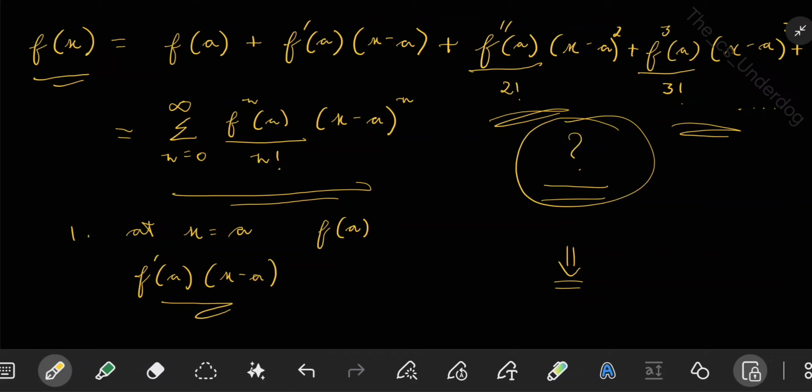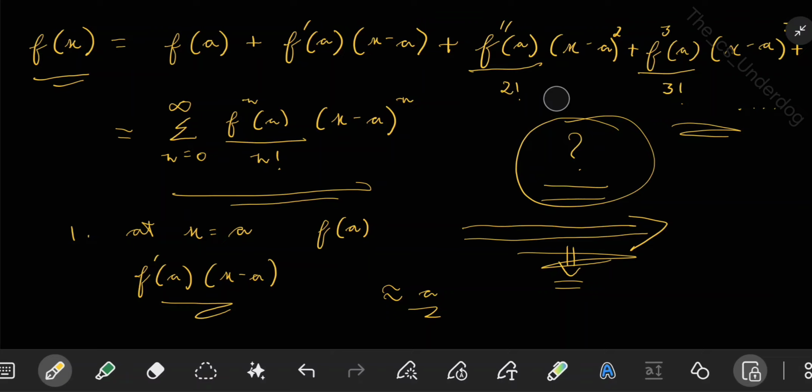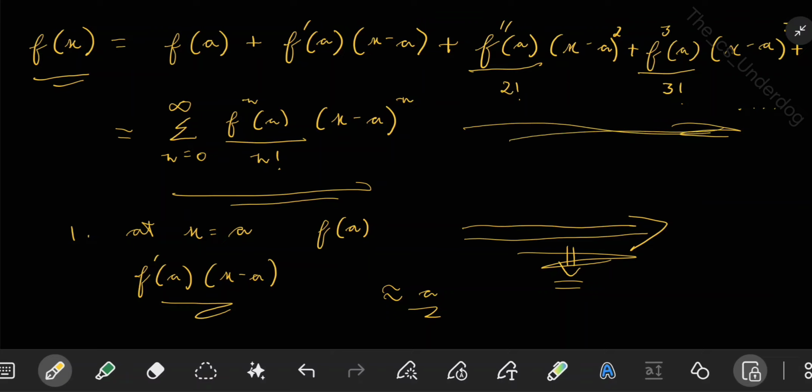Because of this, as you add more and more terms here, it will get more and more refined, and your approximation near a will be more and more accurate. That is why this series is an infinite series. If you keep adding 1000 terms, you will keep increasing the accuracy of the approximation.